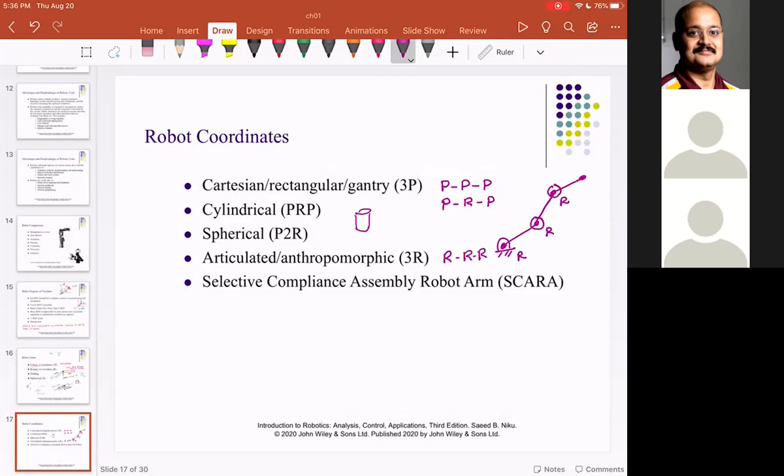We will talk about how to set up the robotics problem, and then how to find the position of the end effector, how to find the velocity of the end effector, and so on.